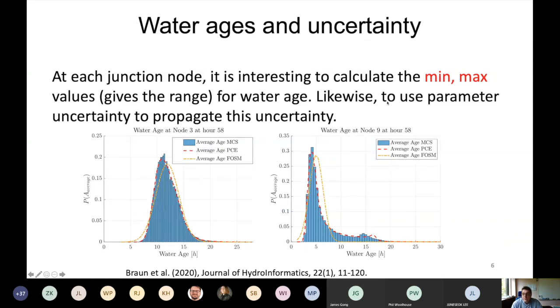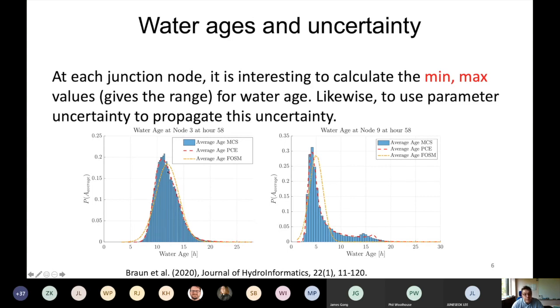There is also a lot of uncertainty in the model, in the demand, in the roughness, for example. And it is interesting to understand the influence of that uncertainty. So here is research that Matthias Born did during his PhD. The calculation is, for example, 10 hours for the water age, but if you look at the different possible errors in the system, in fact what you get is the sampling distribution of the water age.